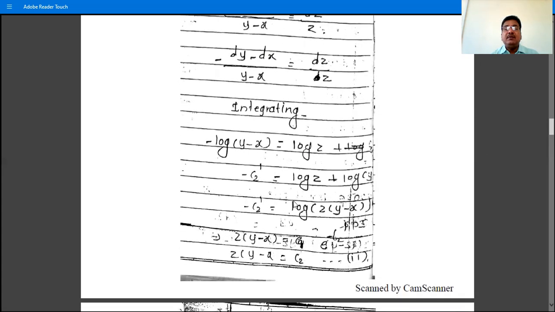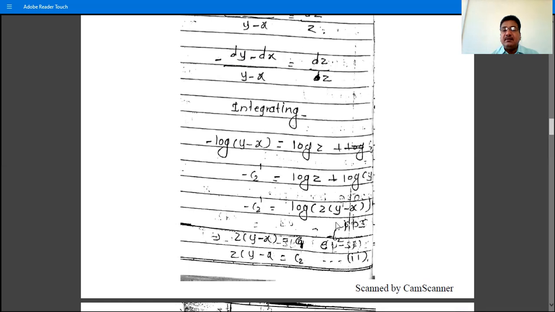So integrating, what do we have? Minus log y minus x, integration of this quantity dy minus dx divided by y minus x, and 1 by z integration is log z. Add the constant of integration, suppose log c2 is the constant, and then we have log z, shift this quantity, plus log y minus x, and log a plus log b is log a into b, so log z into y minus x.